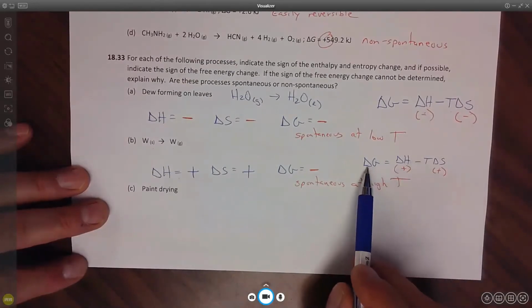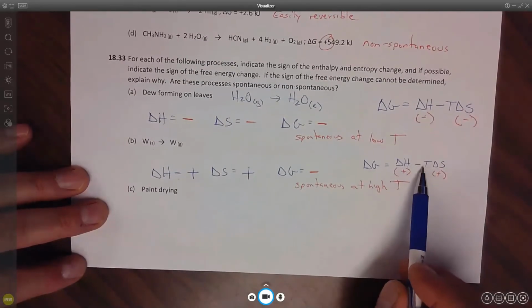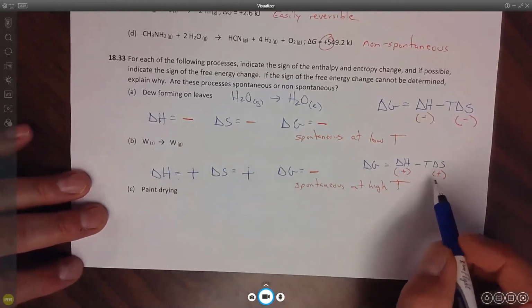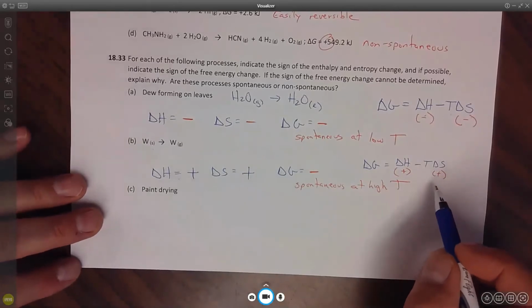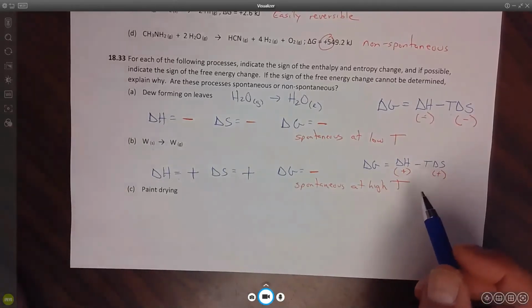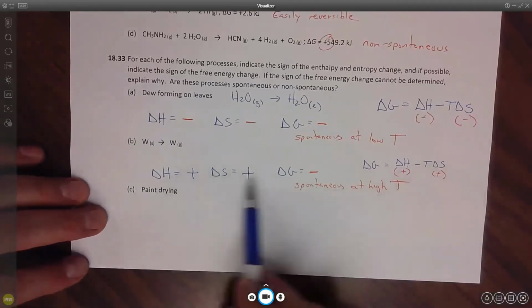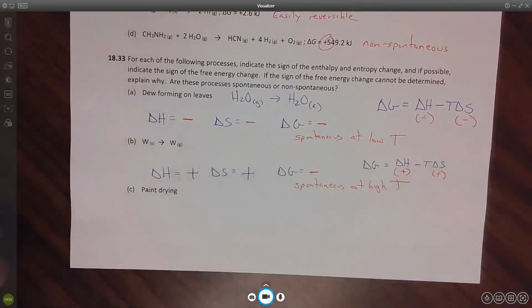If we want del G to be negative, then the temperature is going to have to be high. What that means is relative to the chemical reaction that's occurring. In this case, high temperature means in excess of around 3,000 degrees Celsius.